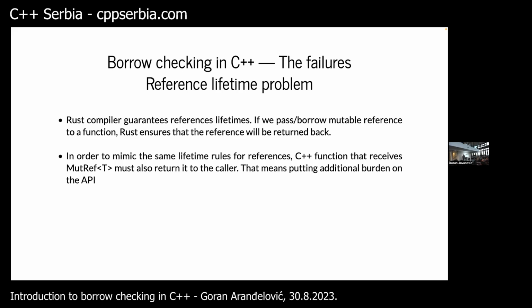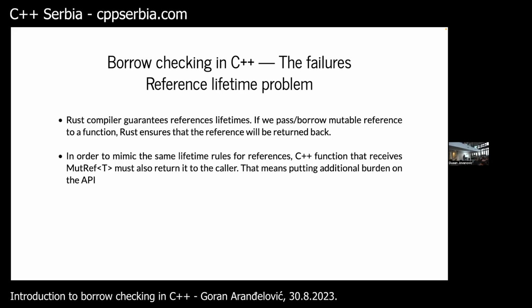Yeah, so I think that's the hard part. That's probably the hardest part of it. Somebody mentioned a paper that is going on currently. I briefly saw that you can have attributes in Clang that will mimic sort of the lifetimes that exist in Rust, but I'm not completely sure how it works.